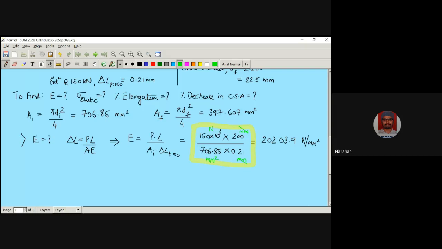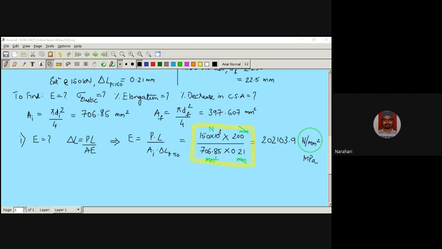So what you are left with is Newton per millimeter square, also known as megapascal. 1 Newton per millimeter square is 1 MPa, which is 10 to the power 6 Pascal, which is 10 to the power 6 Newton per meter square.